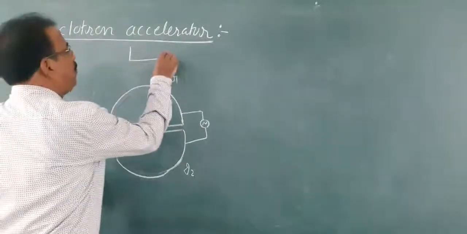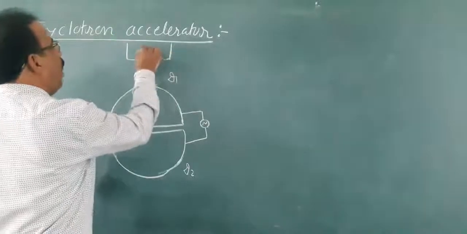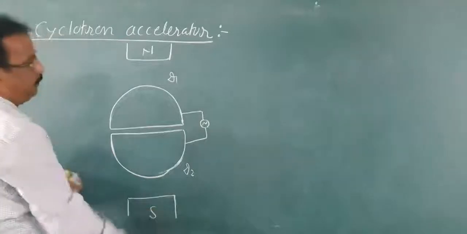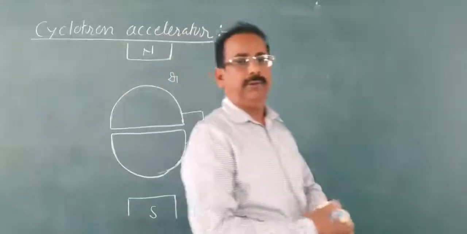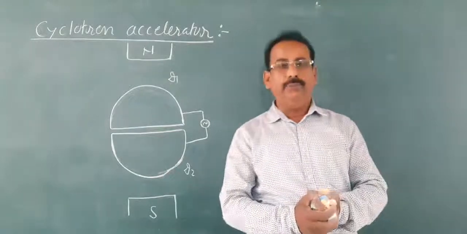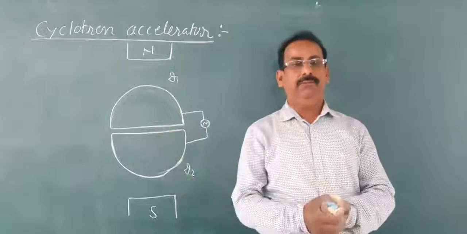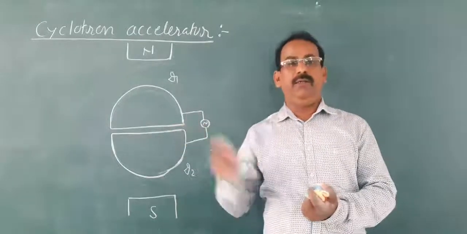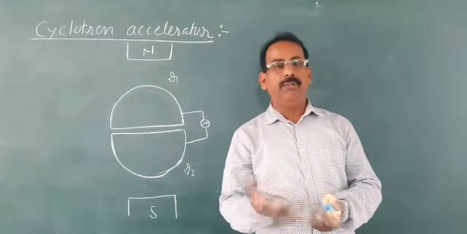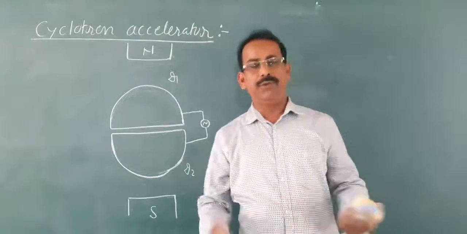There are two magnets or two magnetic poles so that we can apply here magnetic field. How? Perpendicular to the plane of Ds. Magnetic field is applied here, perpendicular to the plane of Ds, with the help of two strong magnetic poles as shown in figure.